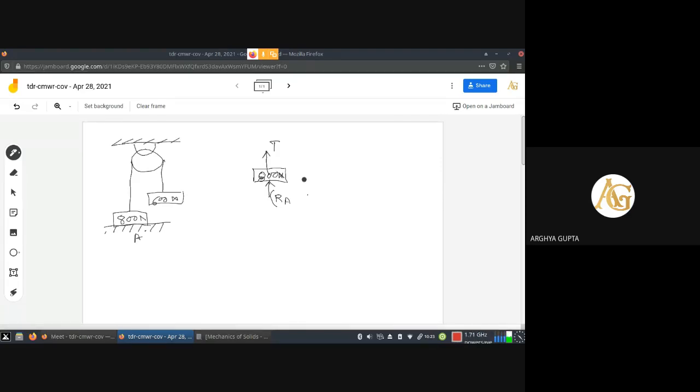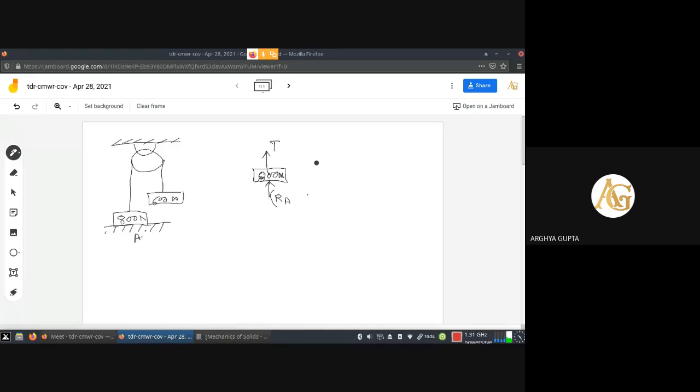So separately, we don't have to draw the direction because it is well known that the direction of weight will always be vertically downward. So these are some free body diagrams. I will give you some more diagrams also.